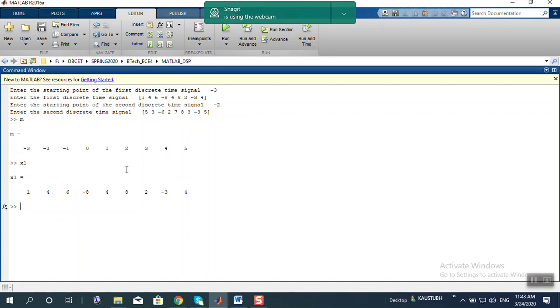Then N will be from minus 2, minus 1, 0, 1, 2, 3, 4, 5, 6. So N will be minus 2 to 6. And the signal is your x2.